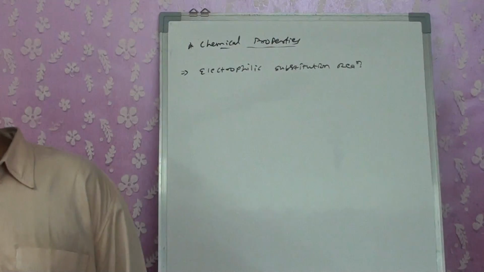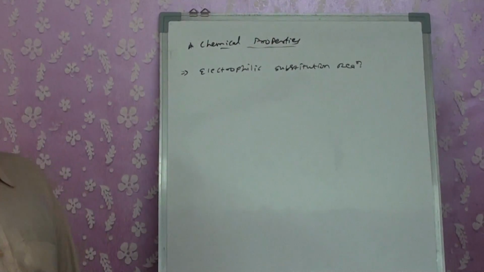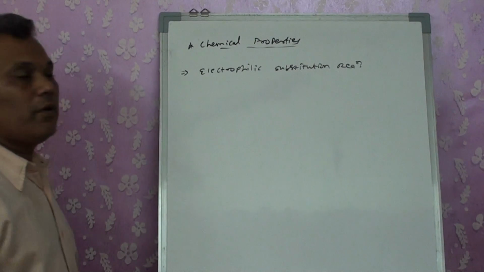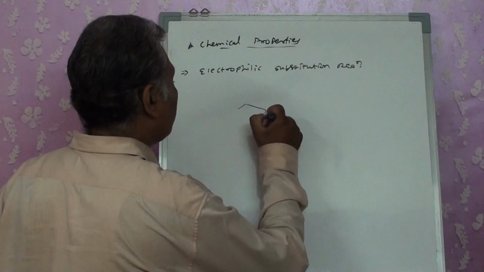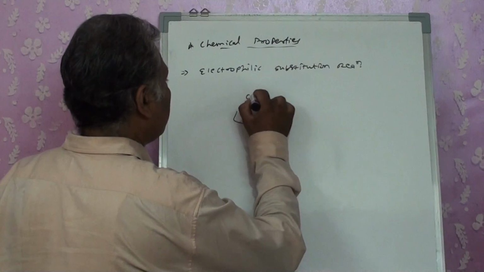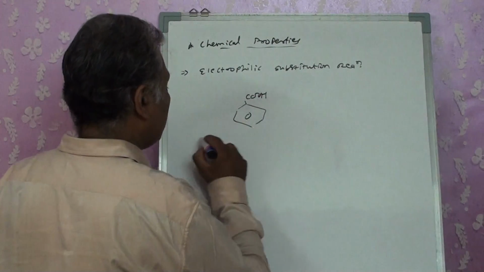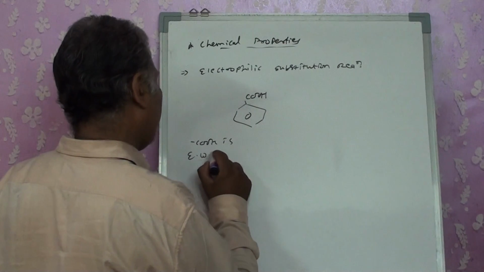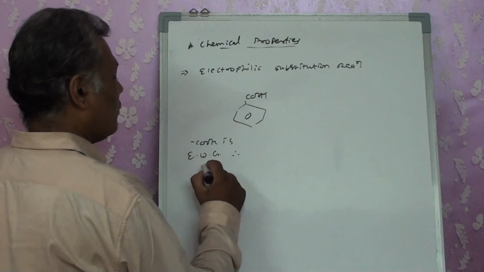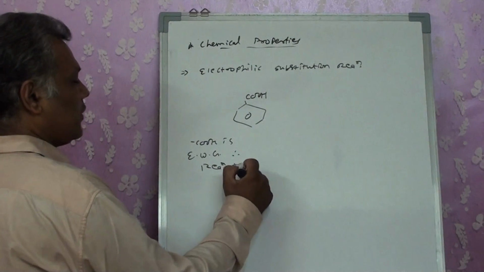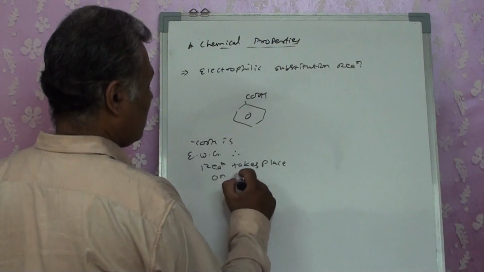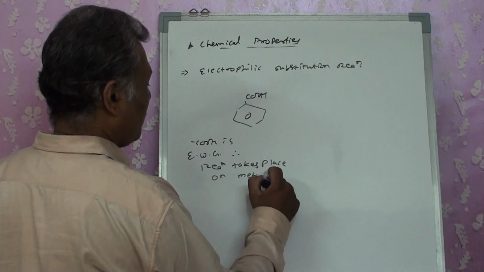This electrophilic substitution reaction, we will always have for an aromatic compound with COOH. COOH is an electron withdrawing group, therefore the reaction takes place on the meta position.